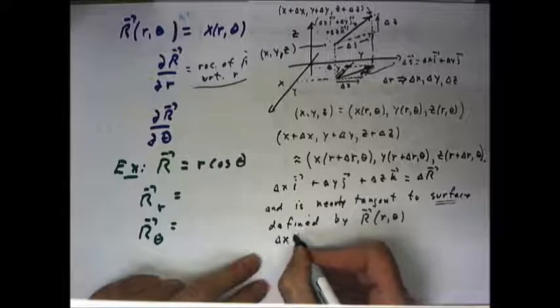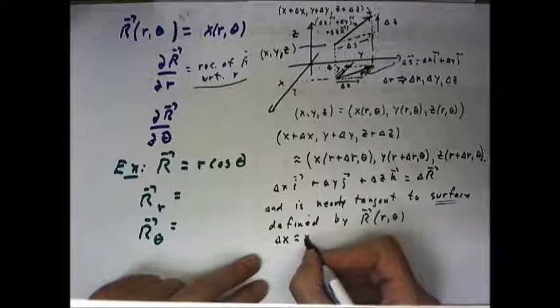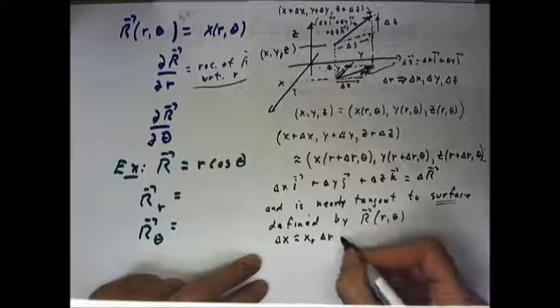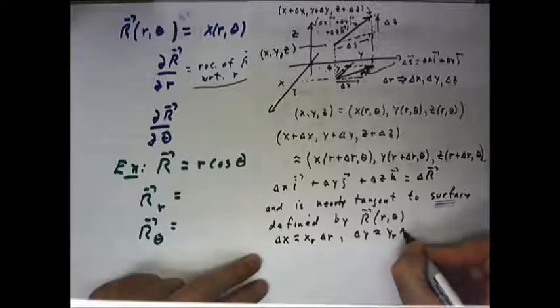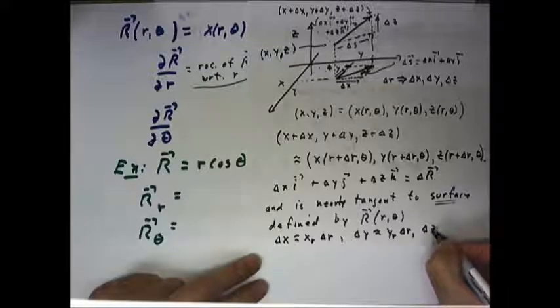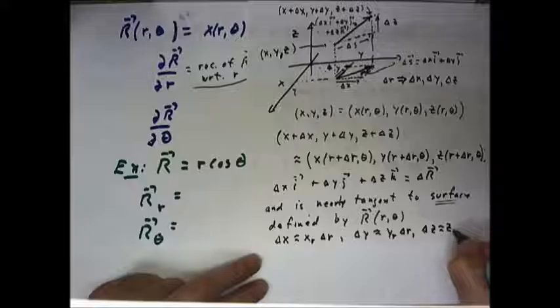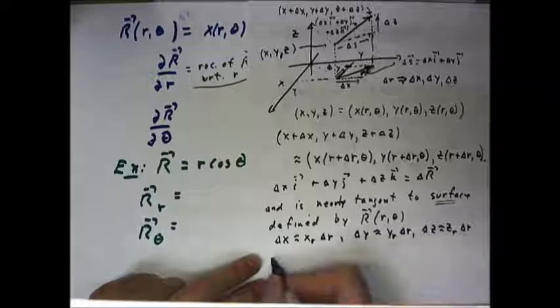delta x is approximately equal to x sub r delta r. Delta y is approximately equal to y sub r delta r. Delta z is approximately equal to z sub r delta r.